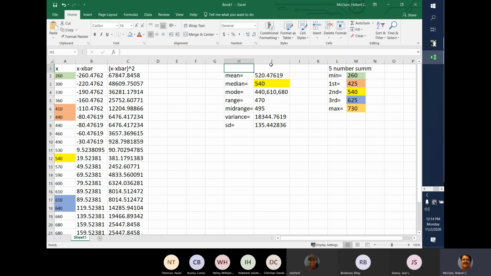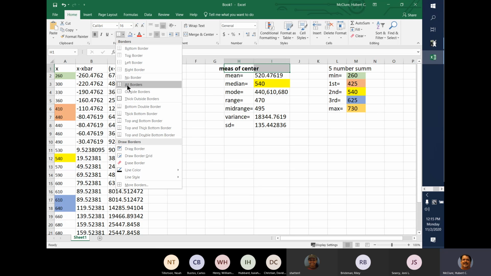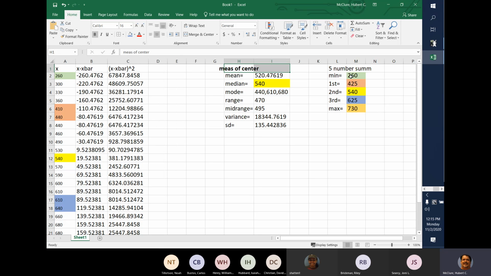And this is called measures of center. That's what all these are called. So we'll just make that bold, center, and this is bold, center.